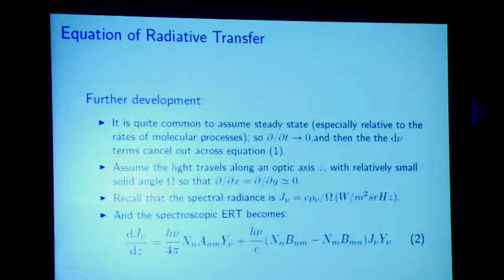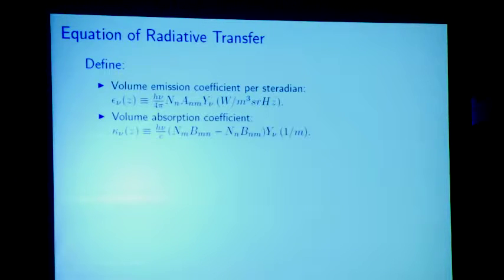In fact, with chemiluminescence, you could have a chemical reaction that populates the upper level and it will give off light. You don't actually have to have a laser beam there. So this is the term that will interact with the light. This one won't. So the spectroscopic ERT becomes something fairly simple looking just because we bundled everything into those two terms.